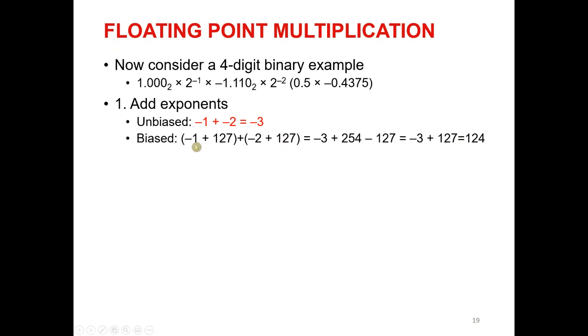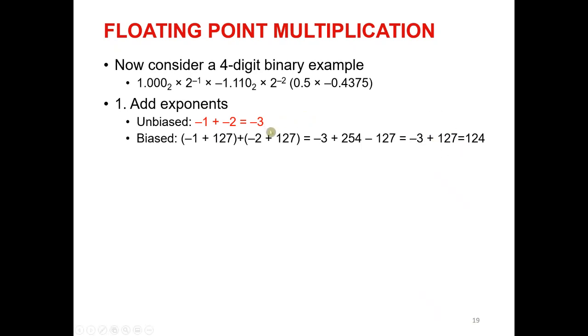We add 127 to the first exponent and 127 to the second exponent. We then perform the complete addition, and we subtract the bias, and then we add the bias again.